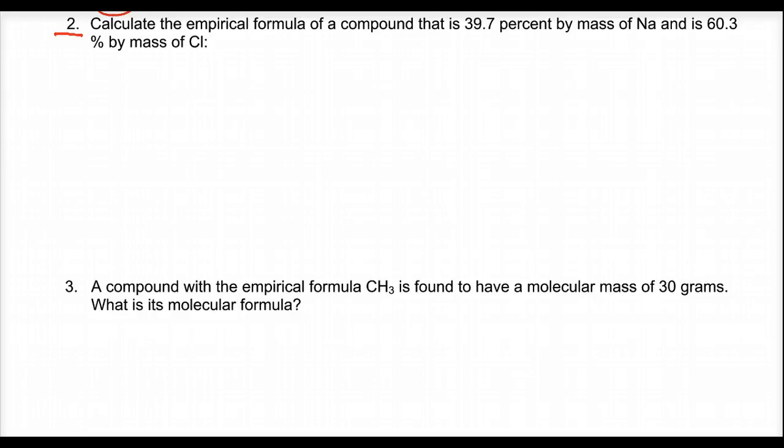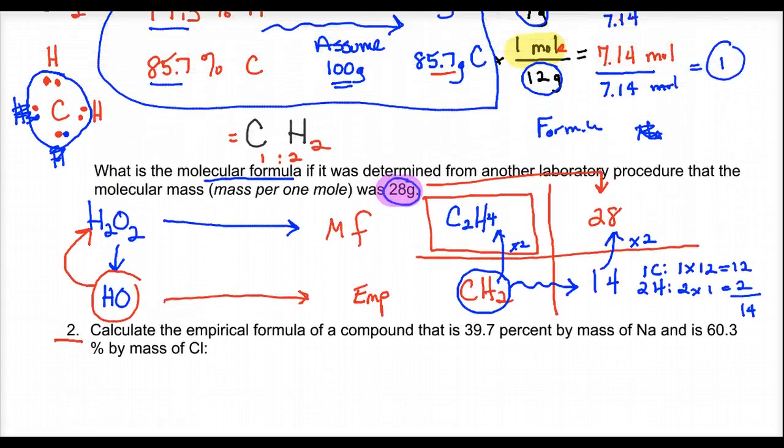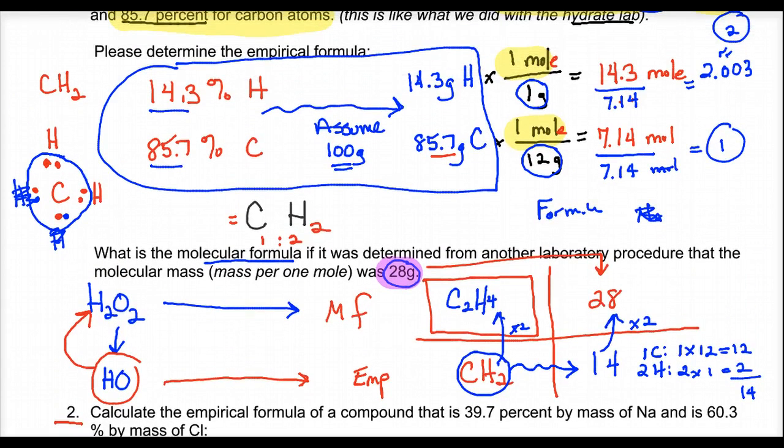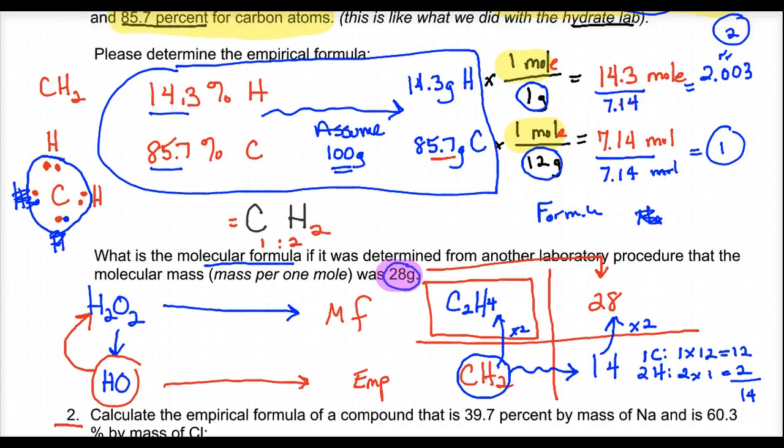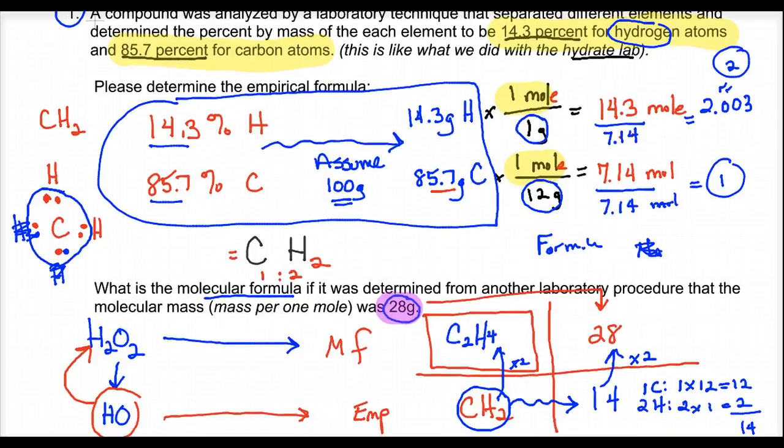If you're kind of lost, look at my work. Pause me right here and see what I did to get this, and what I start with. I took my percentages. Just pause me, look at my work and see what I did here, and try number 2. If you're having problems, I will review number 2 in its entirety.